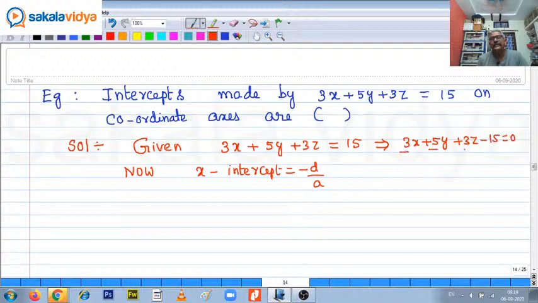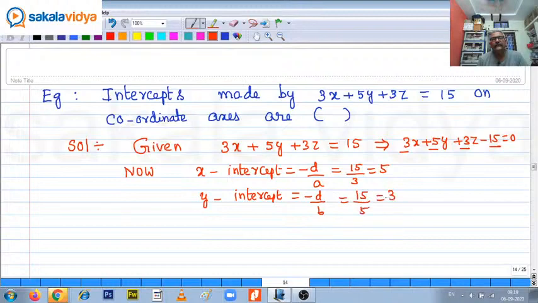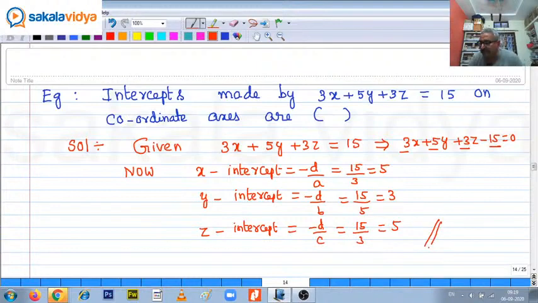This is a, this is b, this is c, this is d. So minus of minus 15 by 3 is 5. Y-intercept is minus d by b, so 15 by 5, whose value is 3. Z-intercept is minus d by c, that is 15 by 3, that is also 5. So like that we can find out.